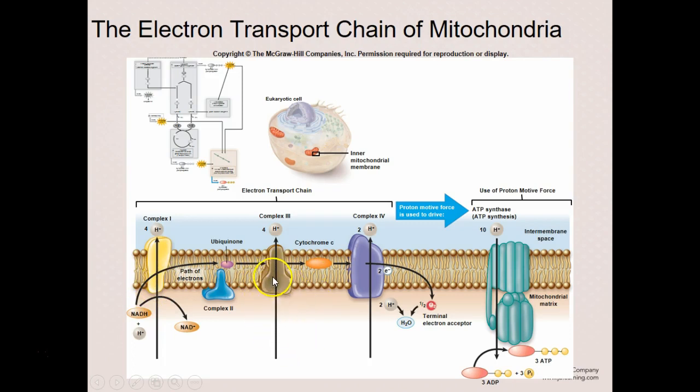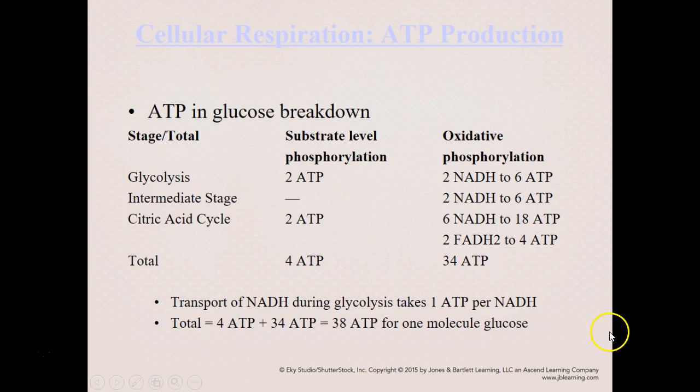And because the hydrogens have a smaller area to move across, they don't produce as much ATP, which is why for every FADH that drops their hydrogens off and electrons, they only produce 2 ATP, giving us 4 ATP. The rest, NADHs, drop off. They produce about 3 ATP per.